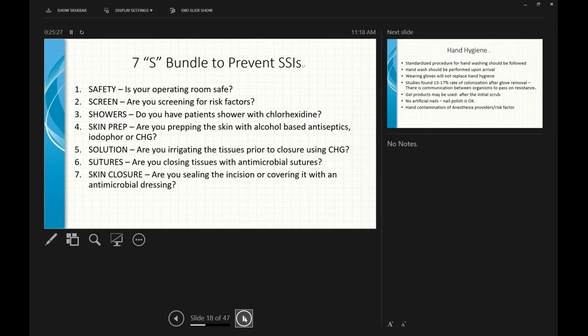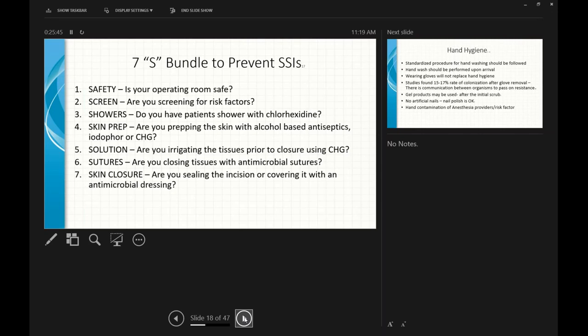Skin prep. Are you prepping the skin with alcohol-based antiseptics, iodophor or CHG? Alcohol is one of the facilitators in making that skin prep work.